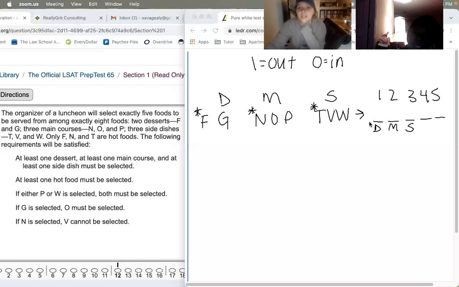So my D could also count for one of my hot foods. So I think what's easiest is to write it to the side that we have to have one hot food. I'm just going to write to the side that I have to have F, N, or T at the very least. One of them has to be chosen.